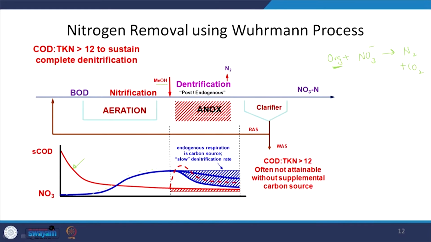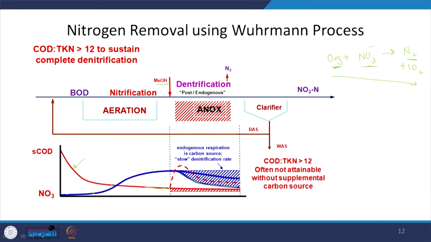So, as mentioned we are going to add methanol, let us say. So, that is why while the COD is decreasing until now, after addition of methanol you see that it increases, and then the methanol is being degraded by this particular reaction, and simultaneously NO3- is being reduced to N2, right. So, let us say this is the path, okay.